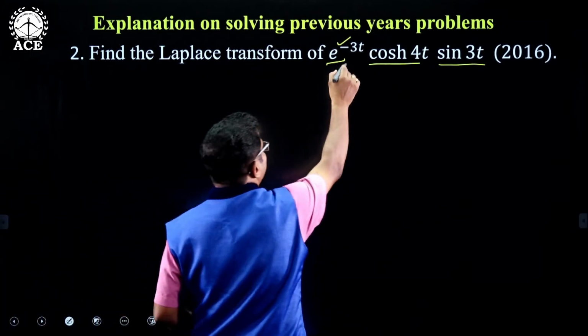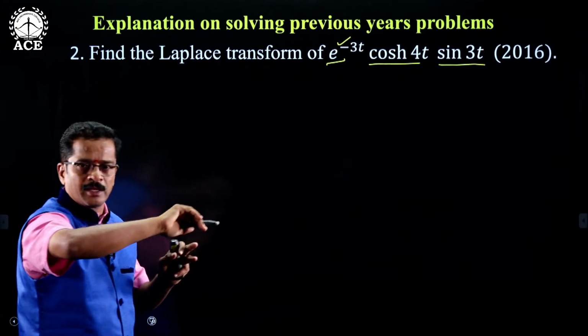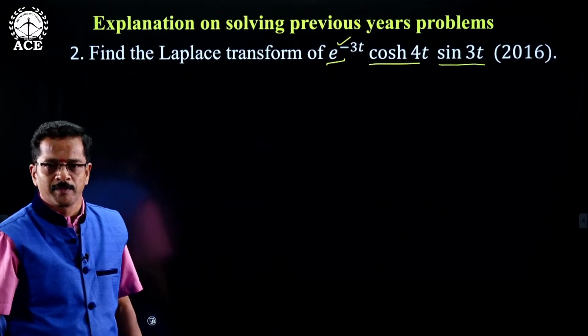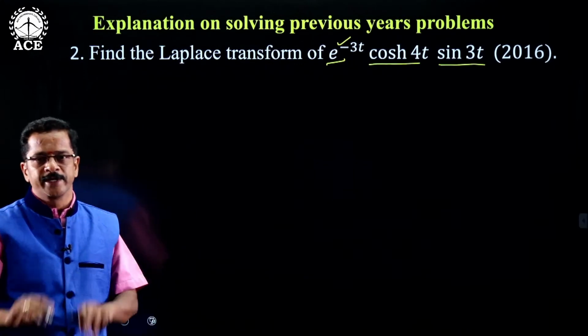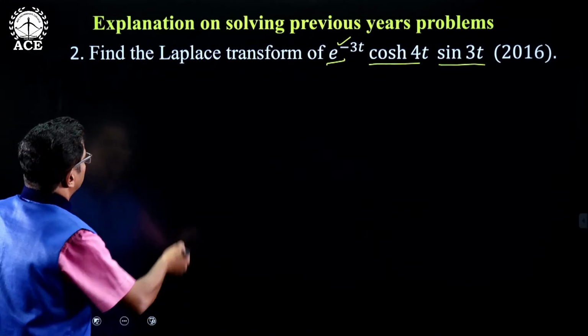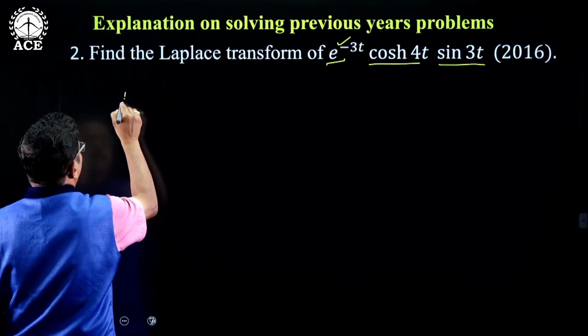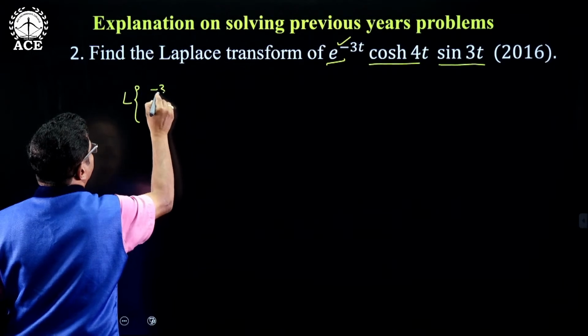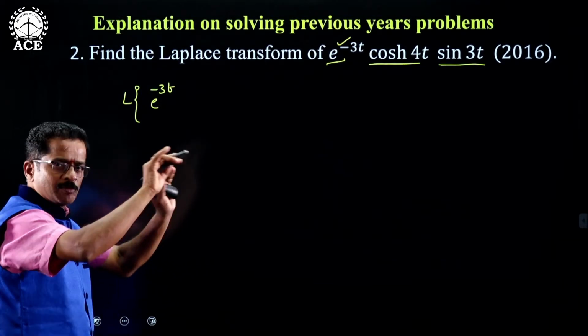Whereas exponential function combination is there, so it is a by default application of first shifting theorem that you should identify. Right? Now, here L of e power minus 3t, I am going to simplify first.